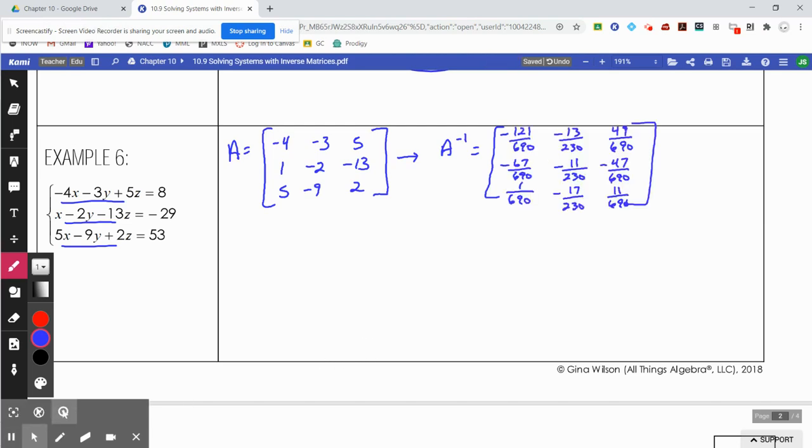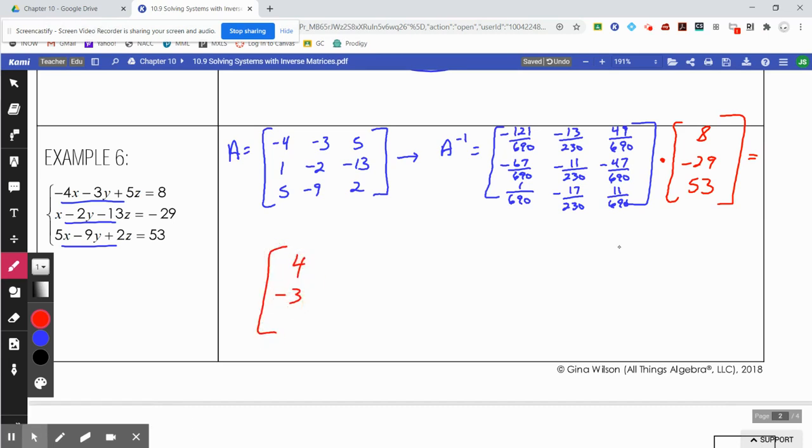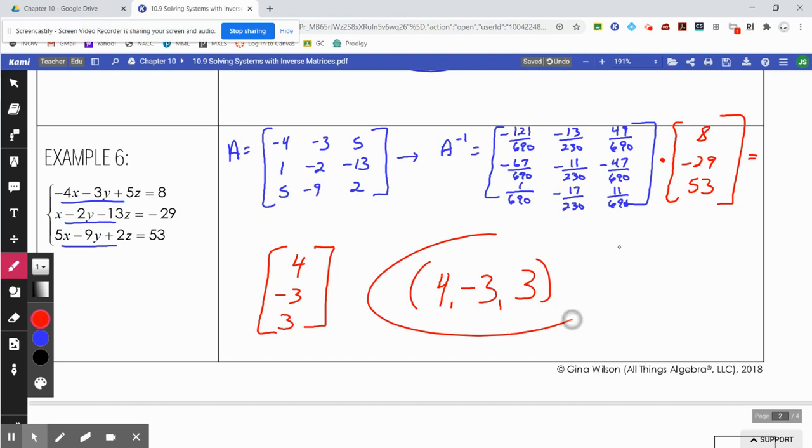And then once you find that inverse matrix, again, you simply take it and multiply it by your constant matrix, 8, negative 29, 53, and once you do that, you're going to get the matrix here, 4, negative 3, 3, which is going to be your answer. X is 4, Y is negative 3, and Z is 3.